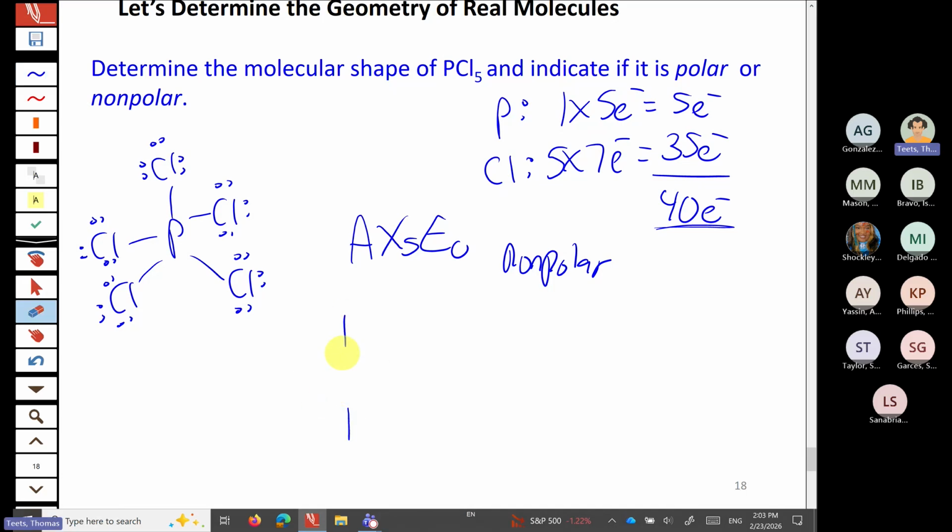I'll draw that a little bit better. In this case, all 5 positions are occupied by chlorines. So when you have no lone pairs on the center atom, in addition to the prediction that it's nonpolar, the electron group arrangement and molecular shape are the same, both called in this case trigonal bipyramidal.